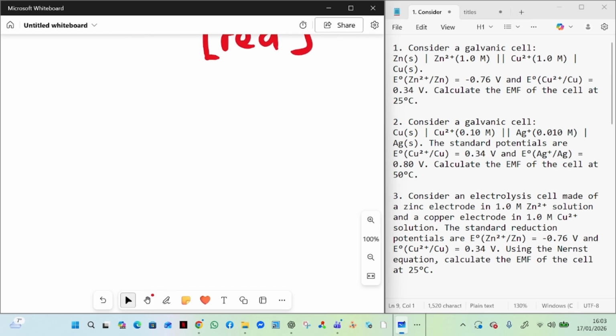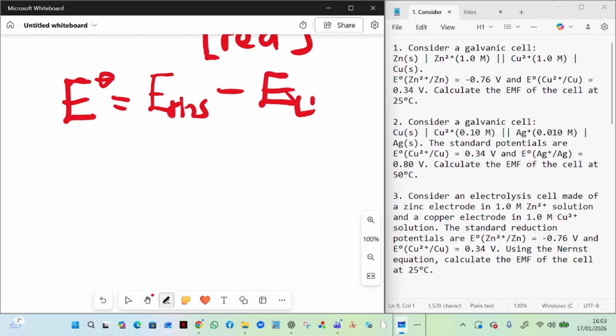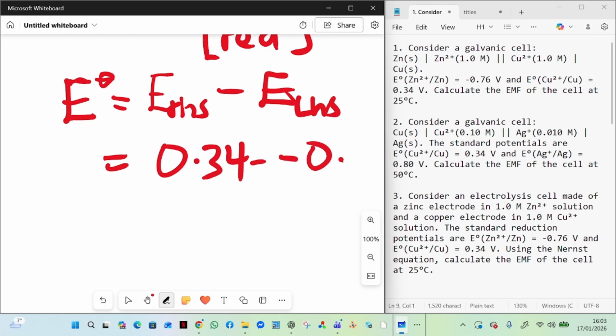In question 1, we have to consider the E naught under standard conditions first. So E naught is calculated as the potential at the right-hand side minus the potential at the left-hand side. So that should be that of copper, which is 0.34, minus 0.76, and that gives us 1.1 volts.